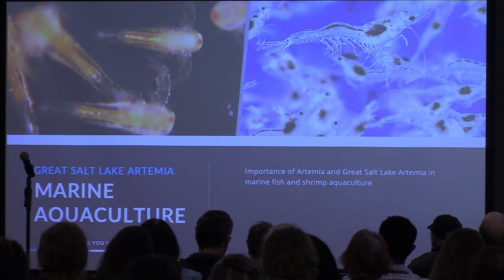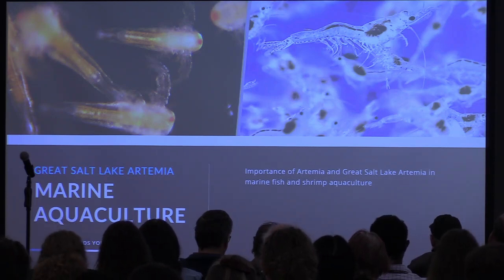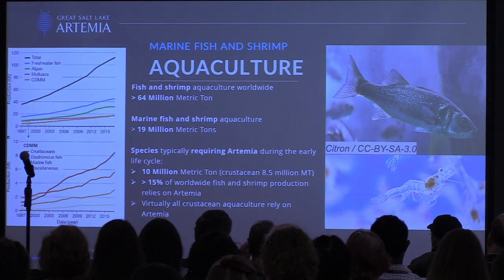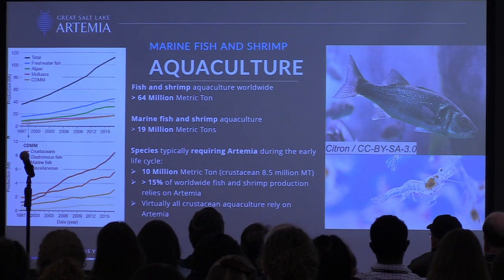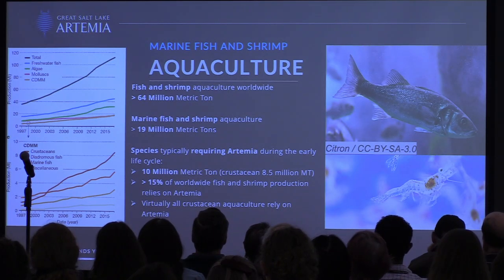Why is Artemia and Great Salt Lake Artemia so important to the aquaculture industry? As Patrick was explaining before me, total aquaculture in the world today is approximately 110 million metric tons of food production a year.